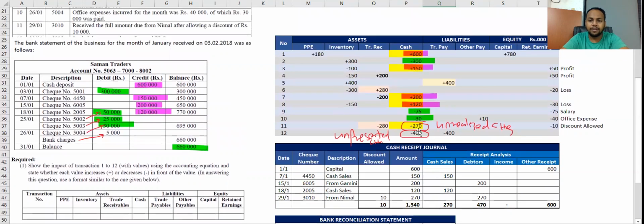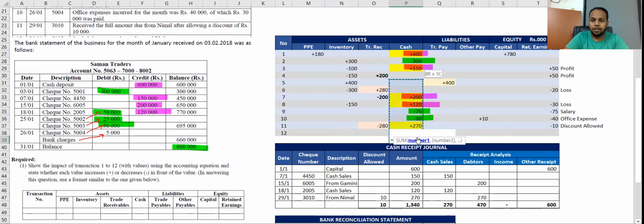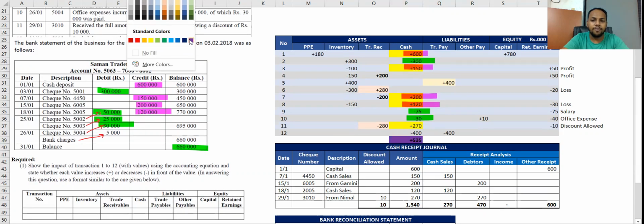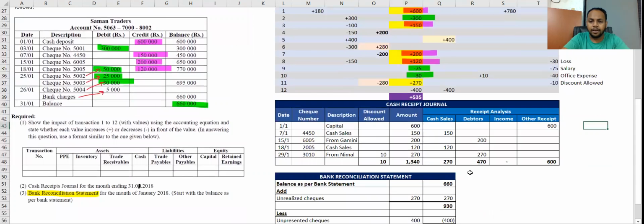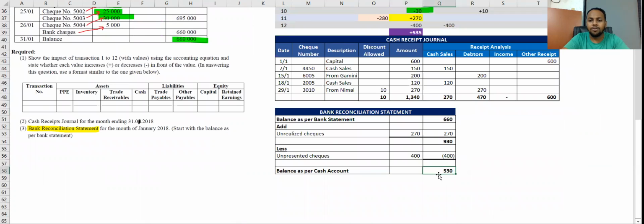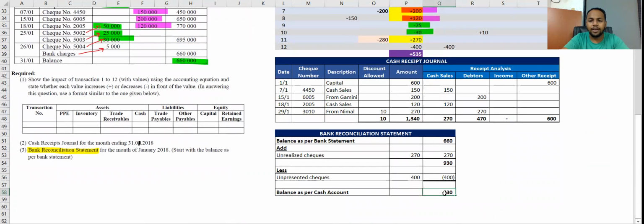If you calculate the cash balance, so let's calculate the cash balance now. The cash balance is 535, right? The cash balance in the books is 535. But in the reconciliation you are getting 530. So why are you getting 530 and 535? Why is there a difference? Because in the business they have not recorded the bank charges of 5,000.